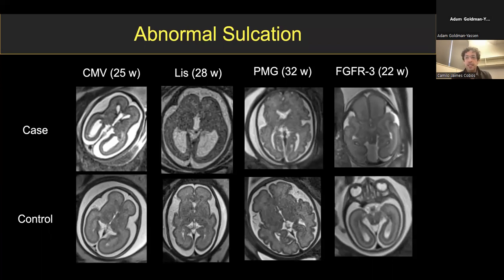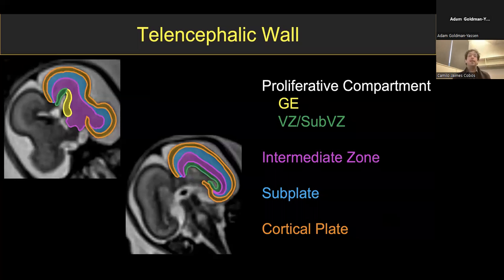But if you look at this, this is a very peculiar pattern of oversulcation of the temporal lobes. I have seen basically nothing that looks like it. So this is, in my mind, fairly characteristic of thanatophoric dysplasia due to autosomal dominant FGFR3 mutations. And this was a companion with an age-matched control that shows you that at that age, the temporal lobe should really be very, very smooth.